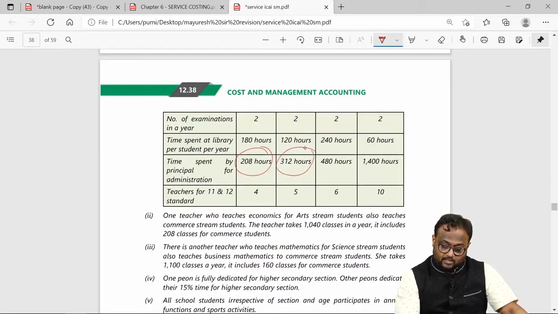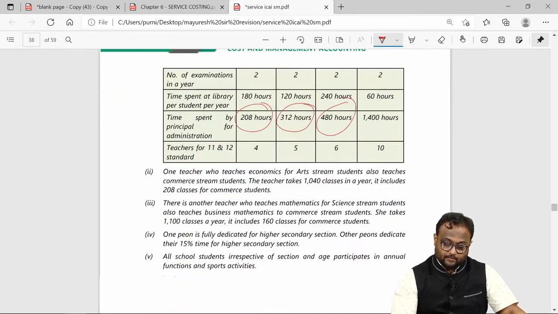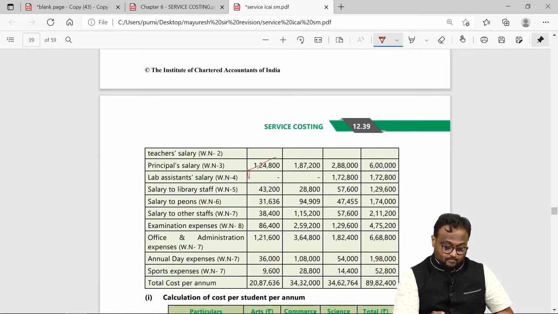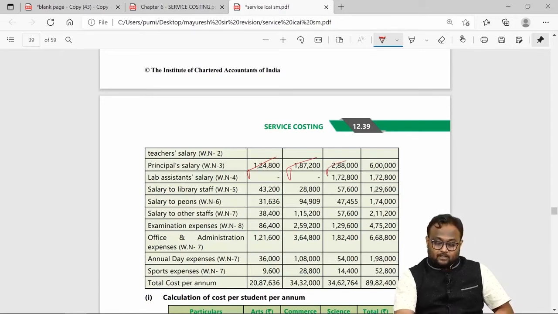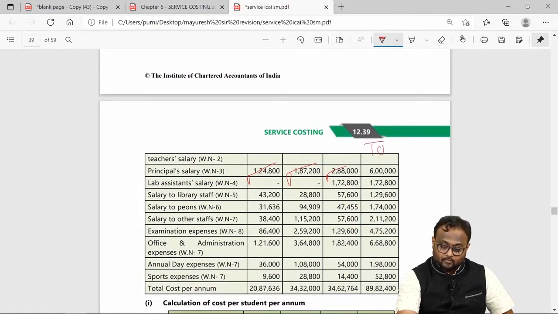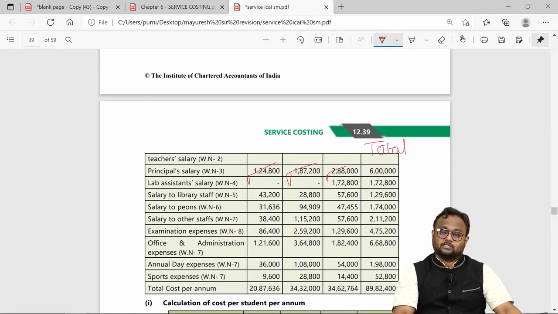So 600 per hour into 208, 312 and 480 will be charged here. This is not primary secondary, this is the total column. We are asked to calculate only for arts, science, commerce, higher secondary only.